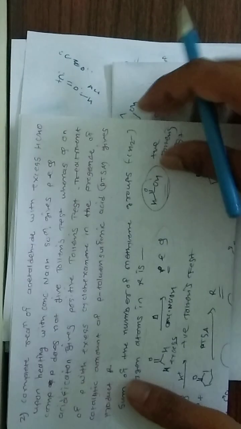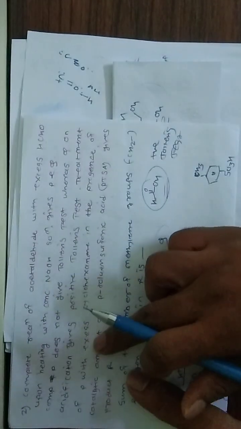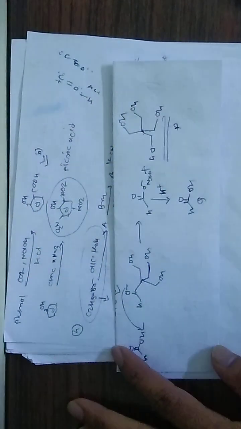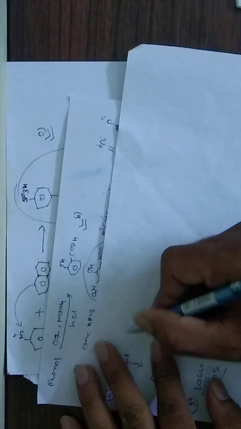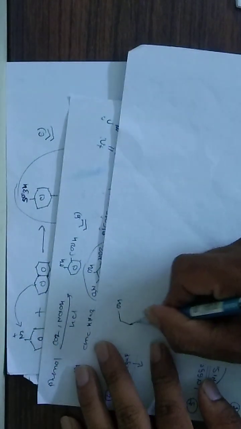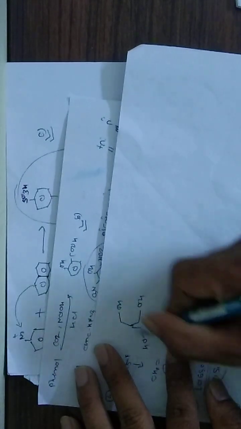Now the next part is treatment of P with excess cyclohexanone in the presence of a catalytic amount of para-toluene sulfonic acid, which gives product R. Our P is this, OH, OH, OH, OH.